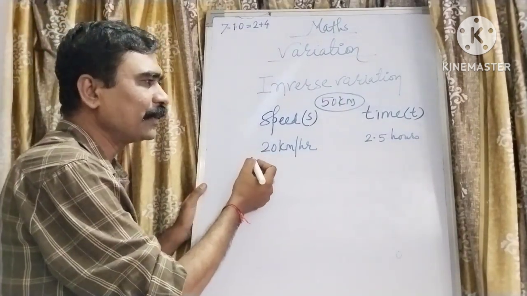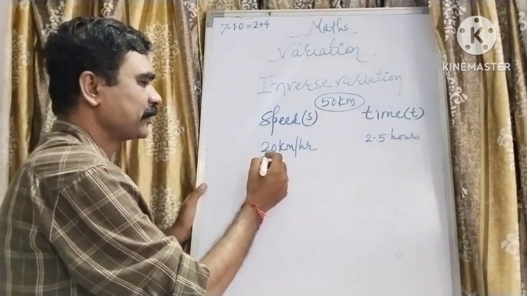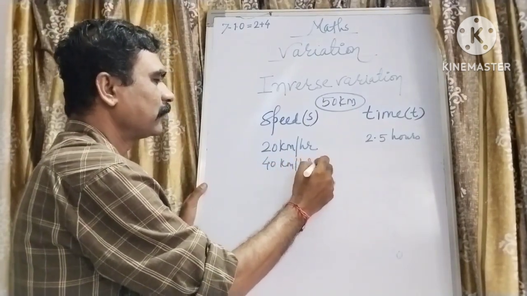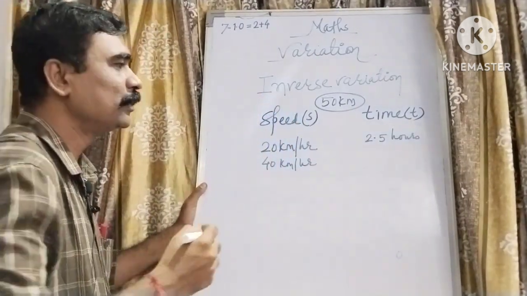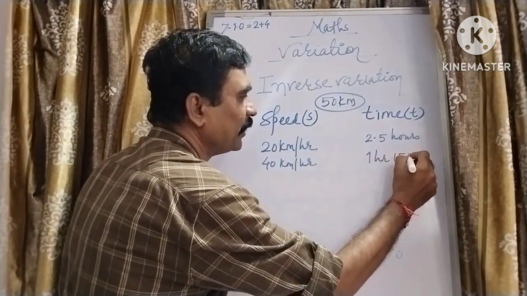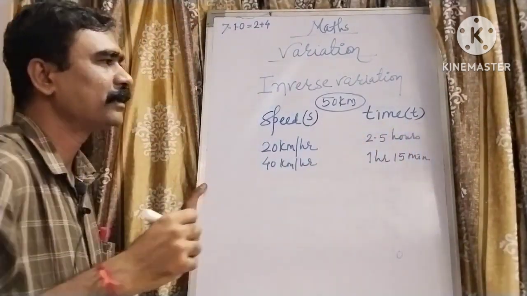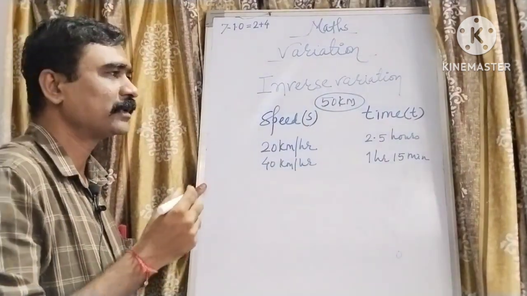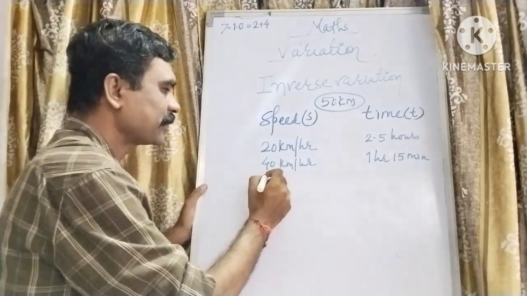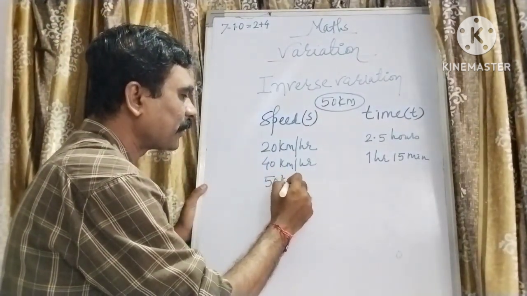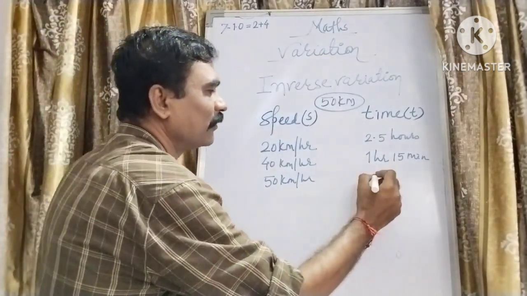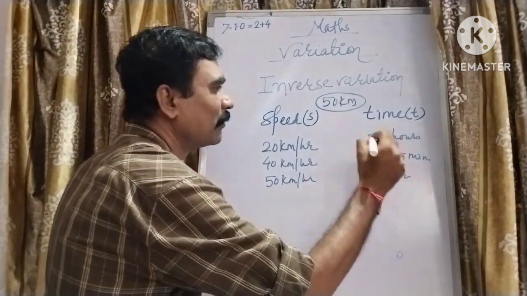Now if you increase your speed, suppose 40 kilometer per hour, you need 1 hour 15 minutes to complete the distance of 50 kilometer. Again you increase your speed, suppose 50 kilometer per hour, so you require only 1 hour.